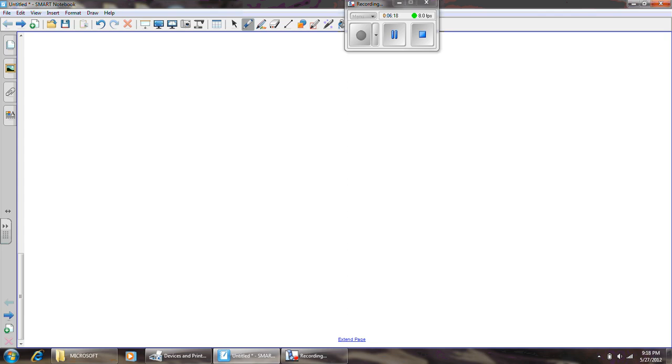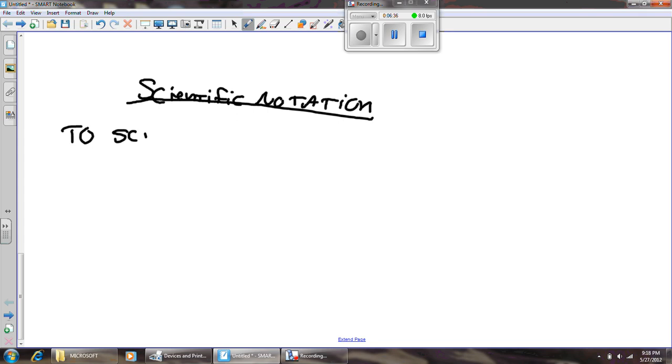Now, one other thing from chapter 8 is scientific notation. Okay, now this should be simple stuff. First of all, we have to convert it, and we might have a number like this.